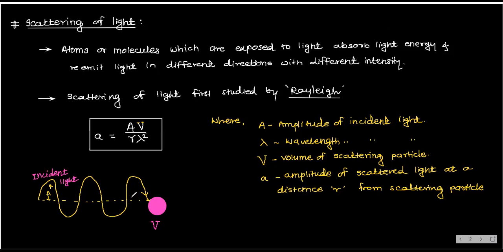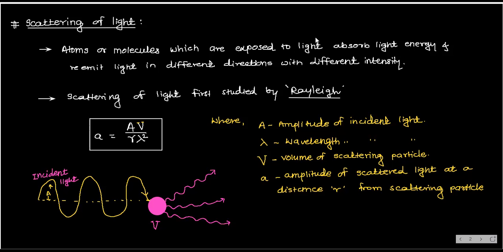Now after this, the light will get scattered in different directions. So let us suppose this light is getting scattered like this in different directions.